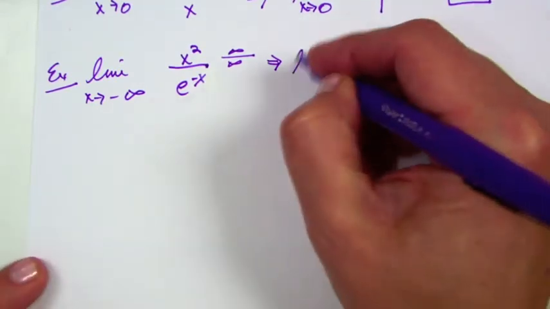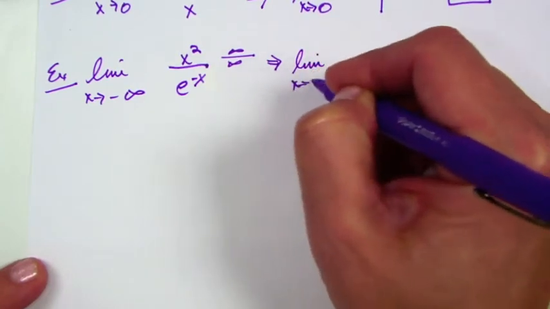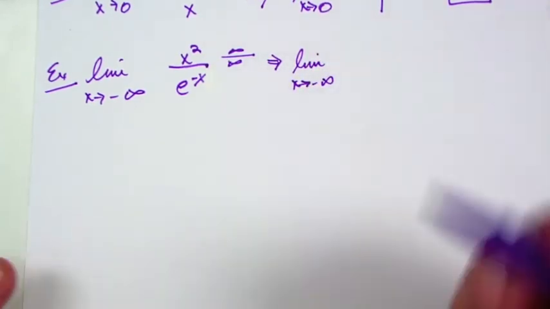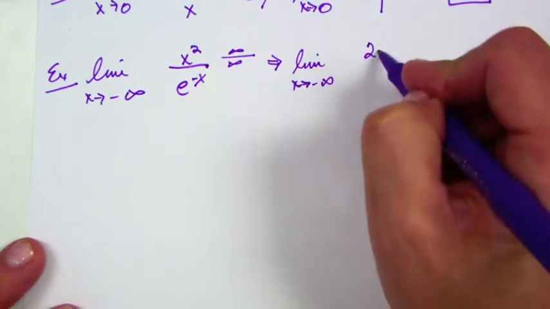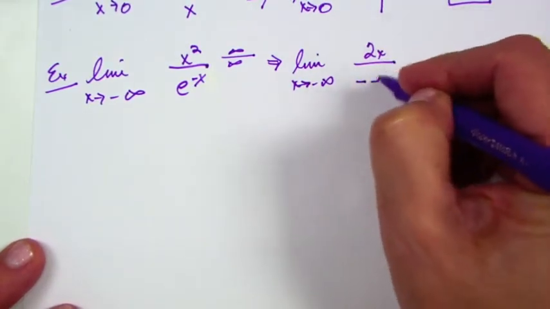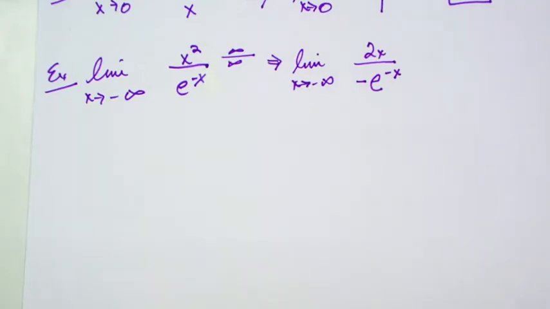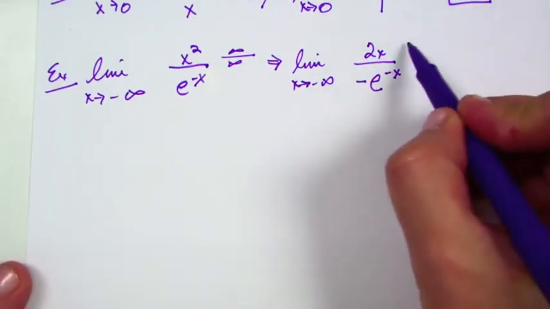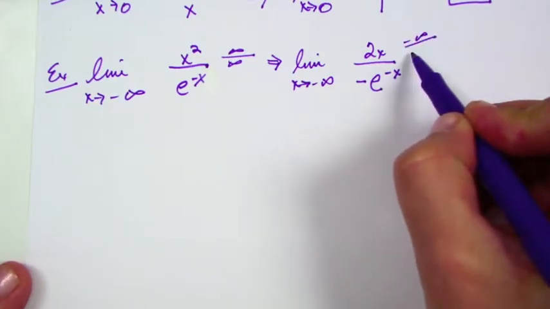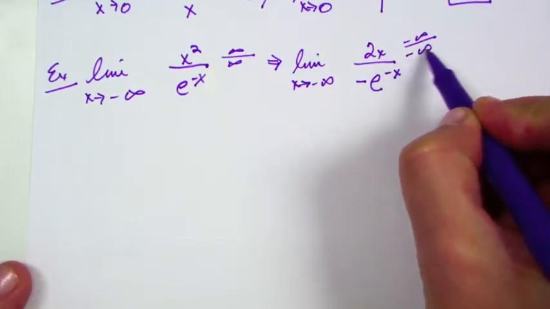So this now becomes the limit as x approaches negative infinity of 2x over negative e to the negative x. Now what do you get? I get negative infinity over negative infinity, right?